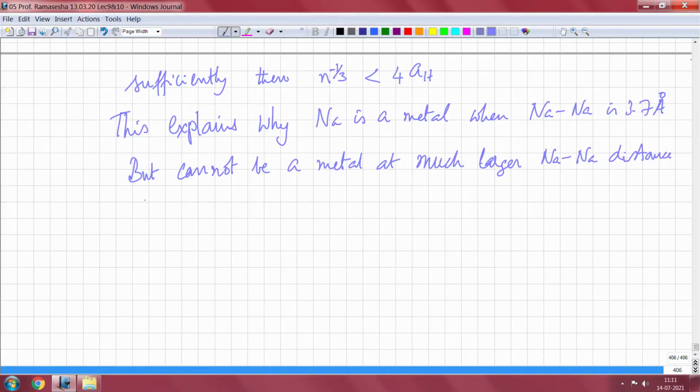So, what it means is that if we take an insulator and squeeze it, you apply pressure, then it should become a metal.